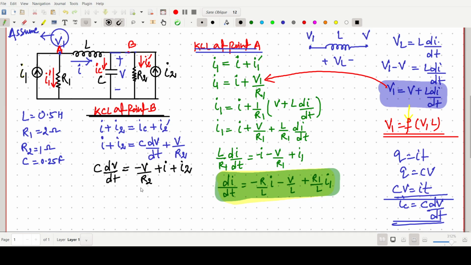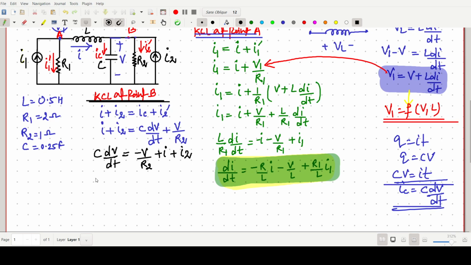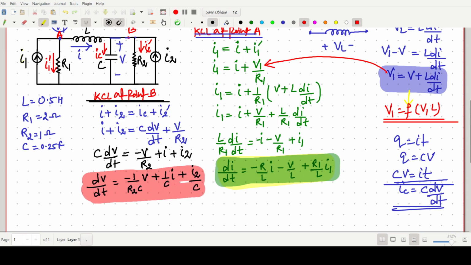One more line we can write: dV/dt equals minus 1 by R2C V plus 1 by C of I plus I2 by C. So this one is the other equation.